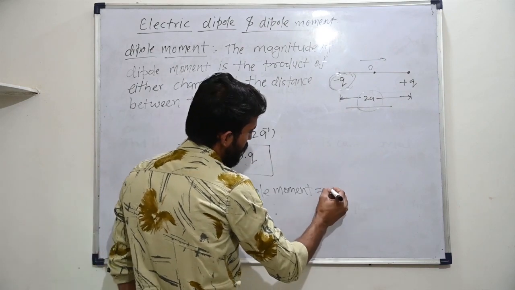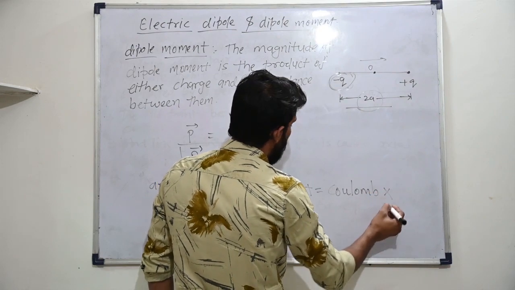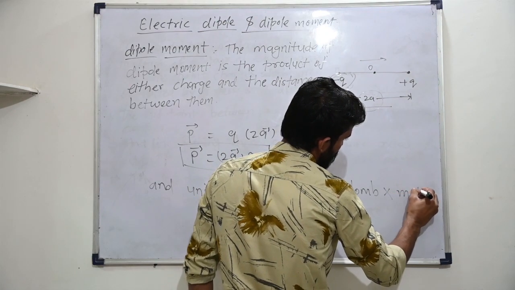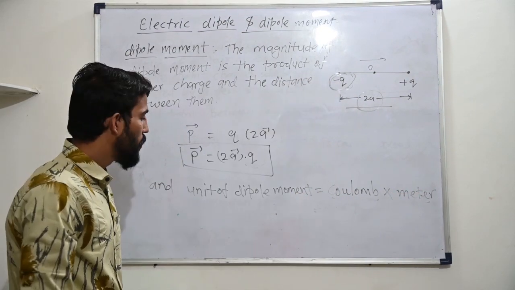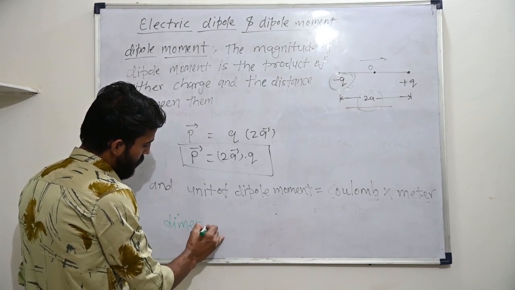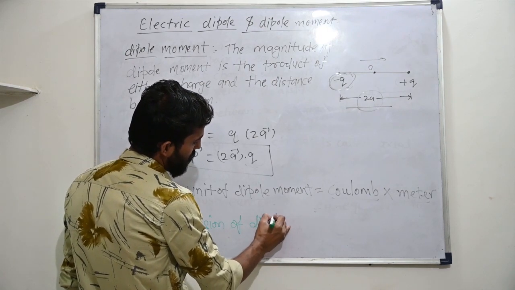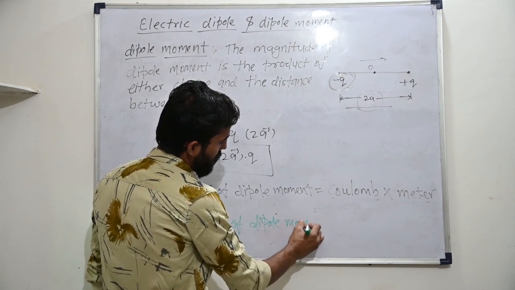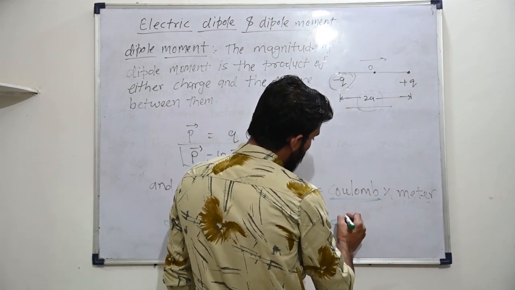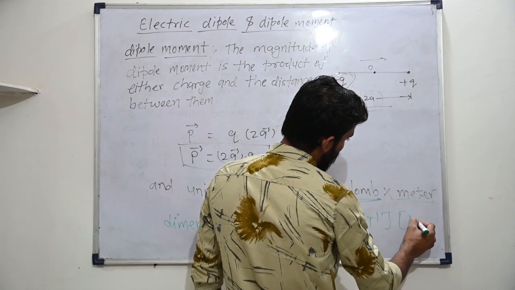The unit of dipole moment: the unit of charge is coulomb, the unit of length is meter. Now the dimension of dipole moment: the dimension of charge is A1 T1 and the dimension of meter is length L1.